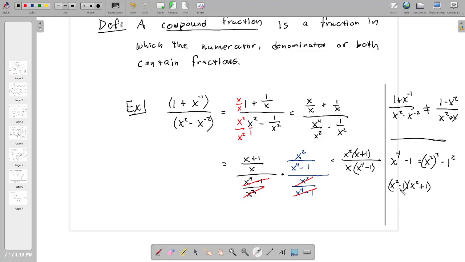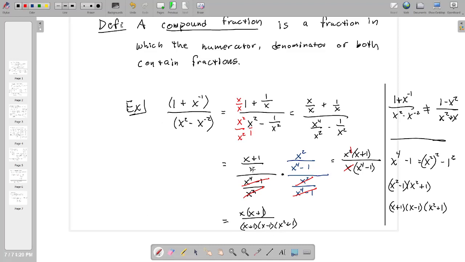And then we can further factor this x squared minus 1 using a difference of squares again into x plus 1, x minus 1. Now the x squared plus 1 doesn't actually factor, so our fraction becomes, if we cancel the x in the bottom and one of the x's in the top before we actually factor, x times x plus 1, divided by x plus 1, x minus 1, x squared plus 1.